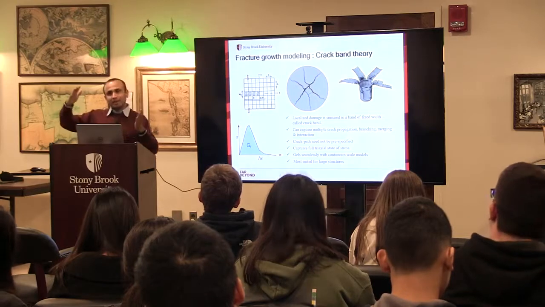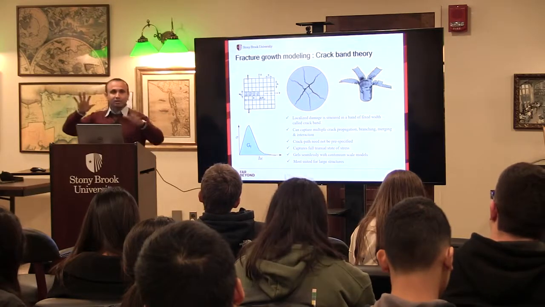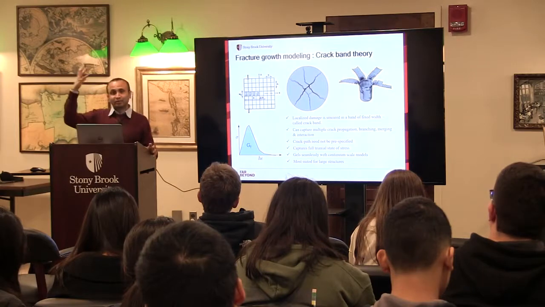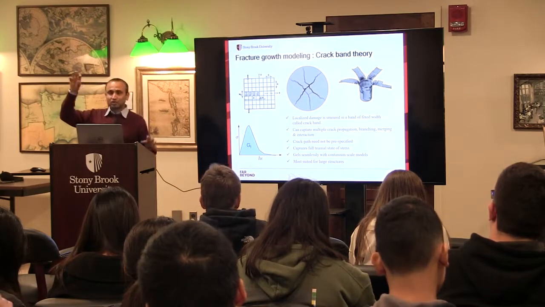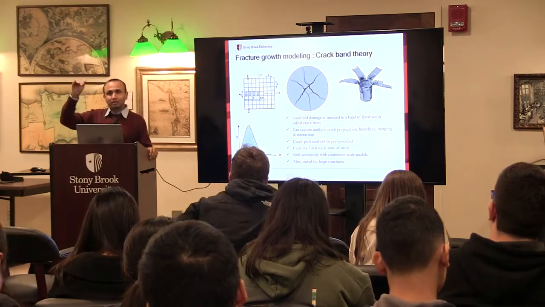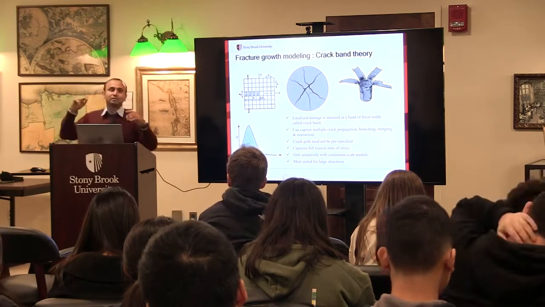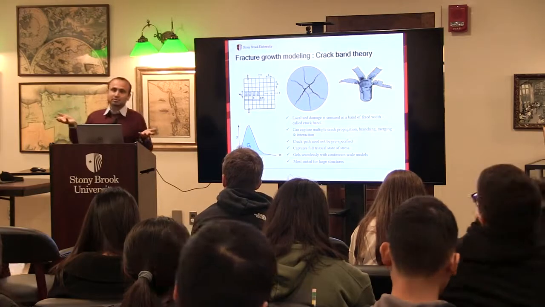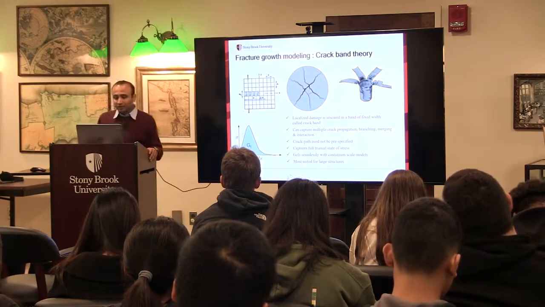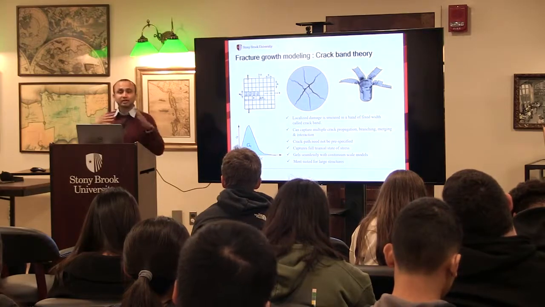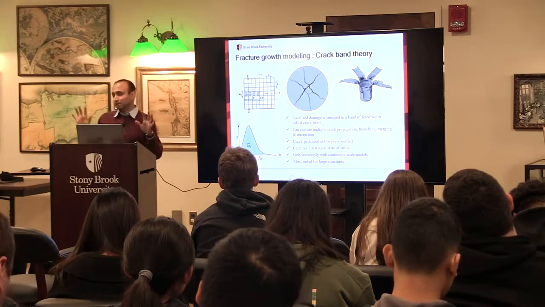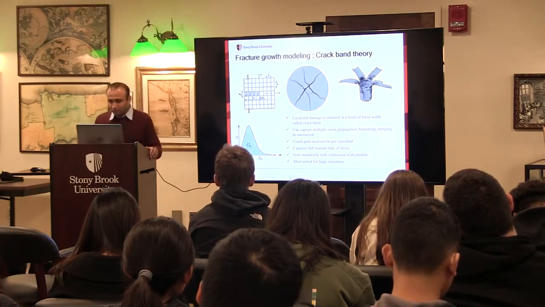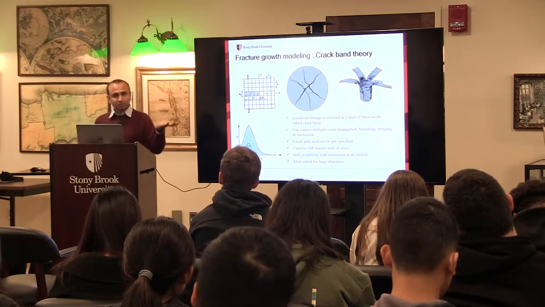So as you start applying the load in the model, it will detect where you have the highest stress, and then it will start to decrease the stiffness at that point until it slowly reaches zero. When the stiffness reaches zero, that means it becomes a crack. So it can capture this behavior of crack propagation, interaction of multiple cracks, and also crack branching. But that is still ongoing. Okay. So I will now show some abilities of this modeling approach.